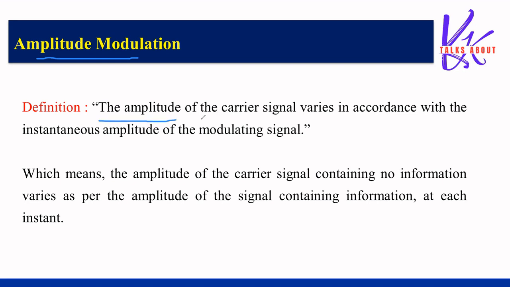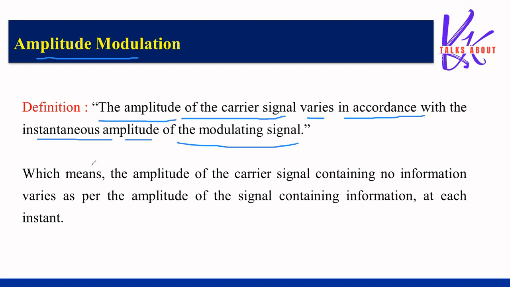So amplitude modulation is nothing but the amplitude of a carrier signal varies in accordance with the instantaneous amplitude of the modulating signal. That means we are going to vary the amplitude of the carrier in accordance with your message signal, where the carrier is a high frequency signal and the message signal is a low frequency signal.